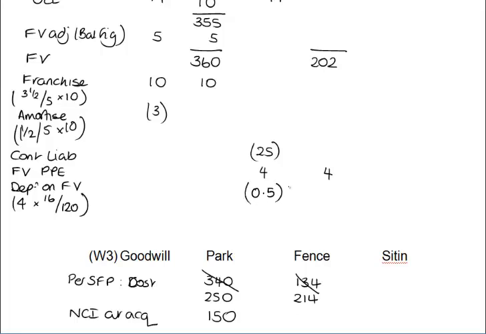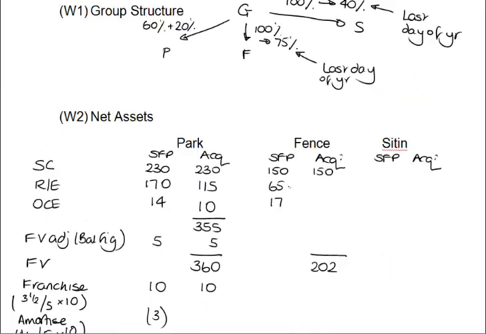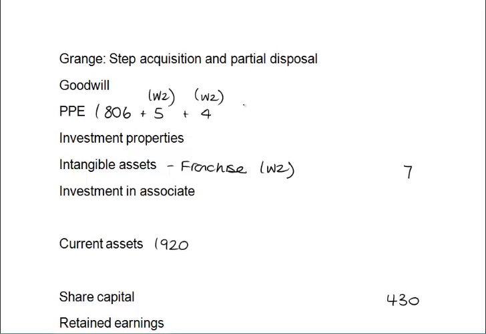So I'm going to reduce the value of the net assets by 0.5. Strictly, it should be 0.53333333. If you want to do it to 2 decimal places, by all means do it. Minus 0.5, working number 2, that's the depreciation, that's the PPE.